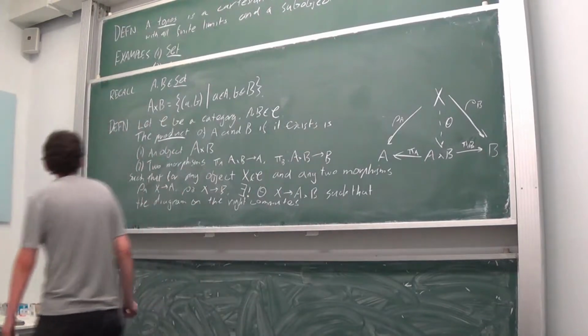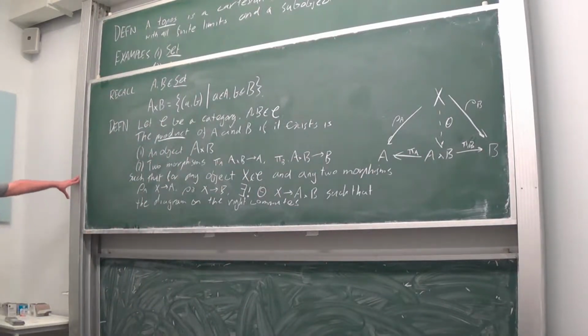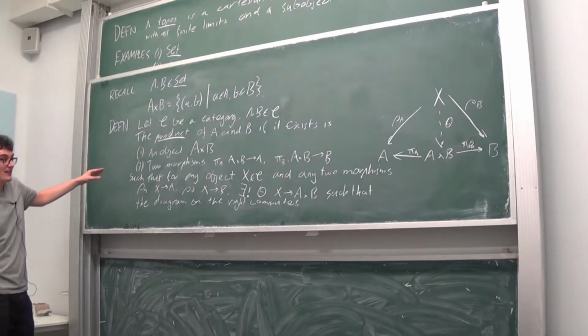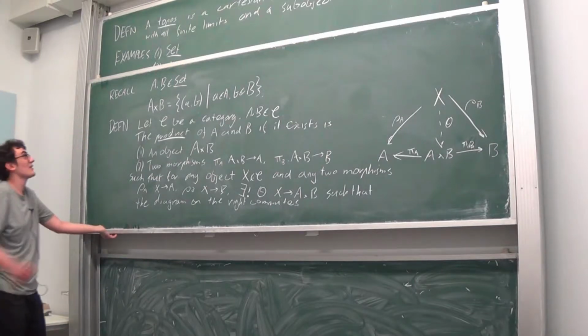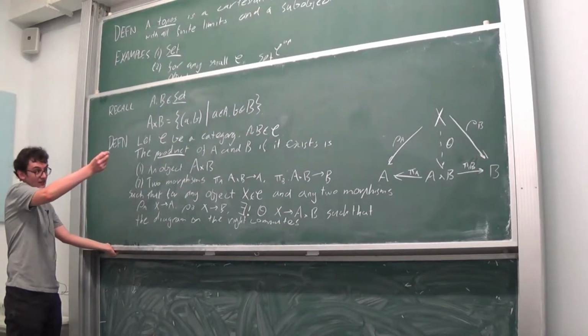So, a couple of comments on this definition. First things first, for an arbitrary category, it's not necessarily the case that products exist. However, at least for the two examples of categories I gave up here, it is the case that they always exist.